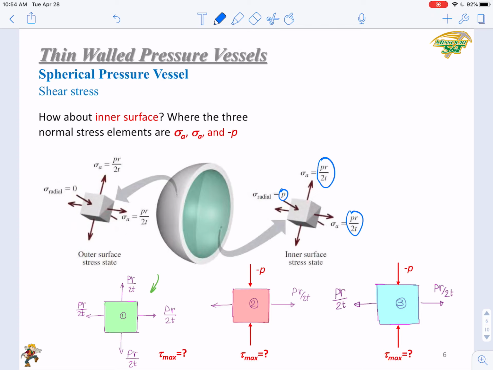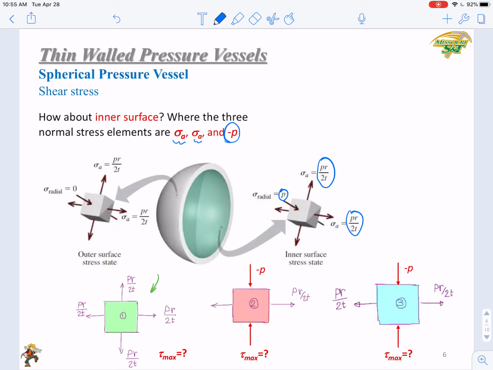But is that positive P or negative P? The inner pressure will compress the inner wall, so that is negative P. So you will have the 3 components of a 3D stress element on the inner surface: sigma A, sigma A, and negative P.